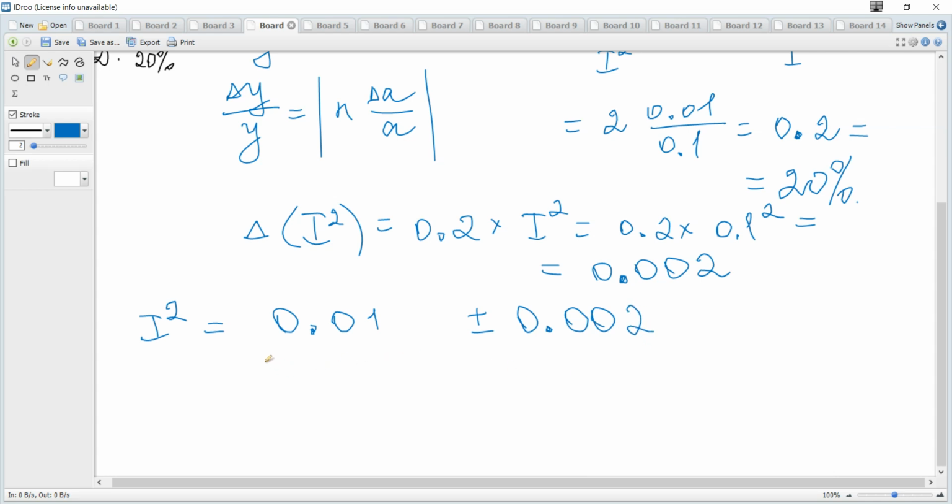But if you leave it like this, it will not be correct, it will be a mistake. The answer and the absolute uncertainty must be to the same number of decimal places, or the value must be rounded to the same digit if it's a whole number, so it must be written like this, to 3 decimal places, and it's correct, amps squared.